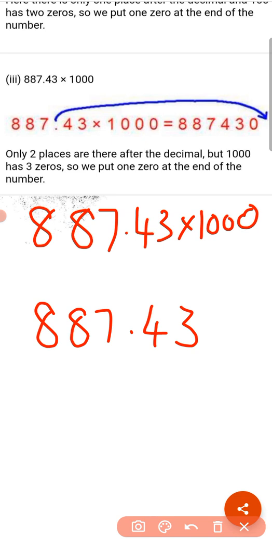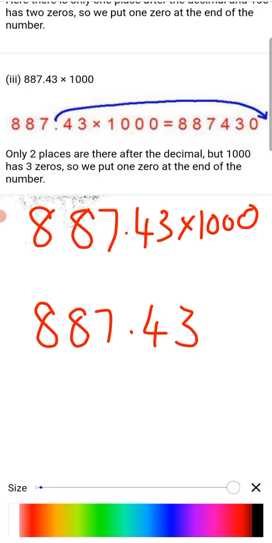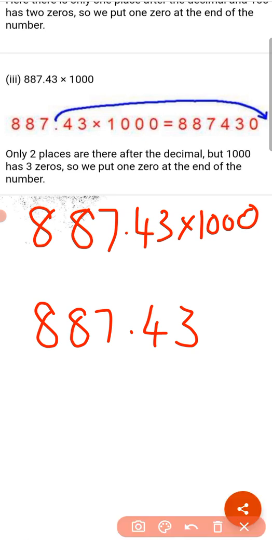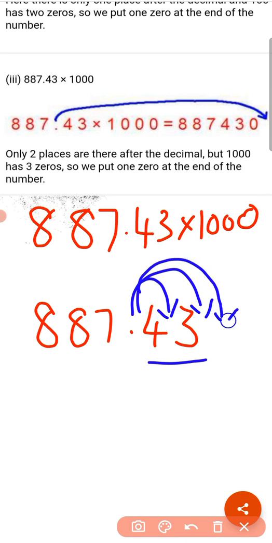We are multiplying by 1000, so the point moves 3 places. 1, 2. Here in the decimal part there are only 2 places, so we need one more place also. So put a 0.